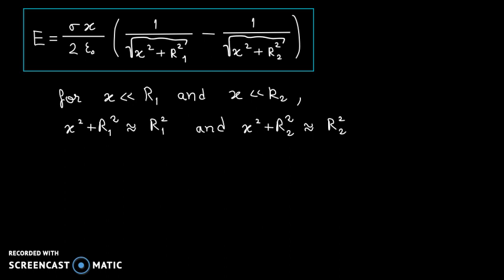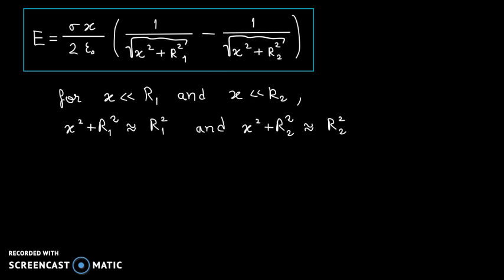So x squared plus R1 squared, again, because x squared is much smaller than R1 squared, and these two values are being added, adding x squared won't make much of a difference. So that's why we can set x squared plus R1 squared approximately equal to R1 squared, because R1 is much greater than x. Adding x squared to R1 squared is not going to make much of a difference. And same for R2, of course, same idea.